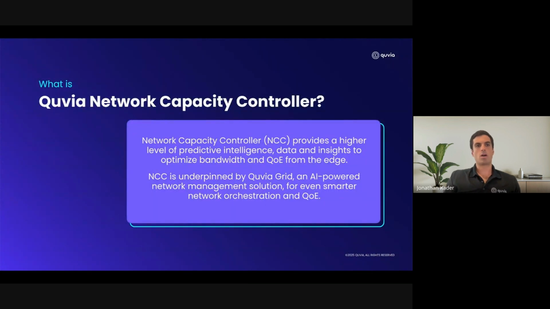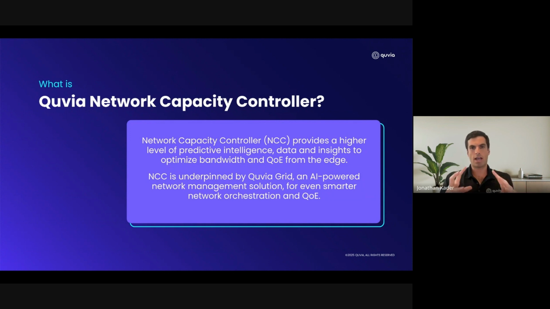So what is NCC, or Network Capacity Controller? NCC is an intelligence layer that sits on top of our grid product. Grid already does a great job of optimizing the quality of experience at the edge by reacting to real-time inputs, things like demand at a traffic class level, or system performance like packet loss, latency, or the CIR, MIR of the link.